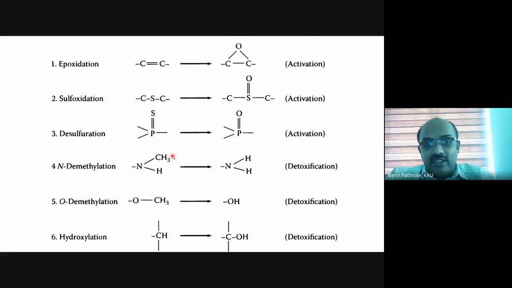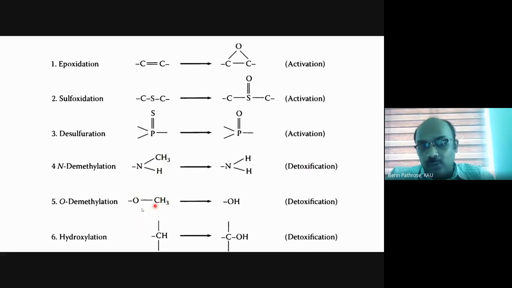And N-demethylation, that means removal of this methyl group, or O-demethylation, can also be called N-dealkylation or O-dealkylation. Methyl group is an alkyl group, so you can write it as N-dealkylation or O-dealkylation. Removal of alkyl group from nitrogen atom will lead to detoxification.